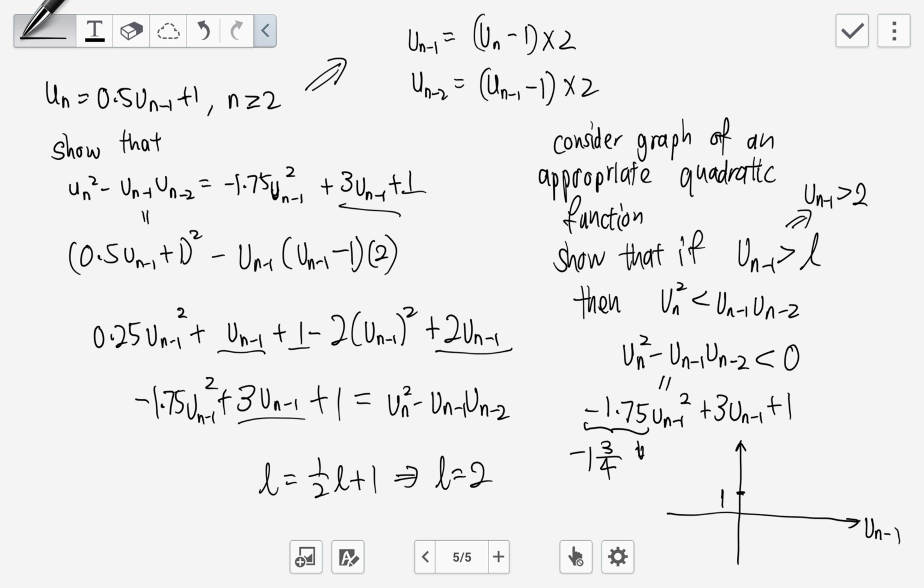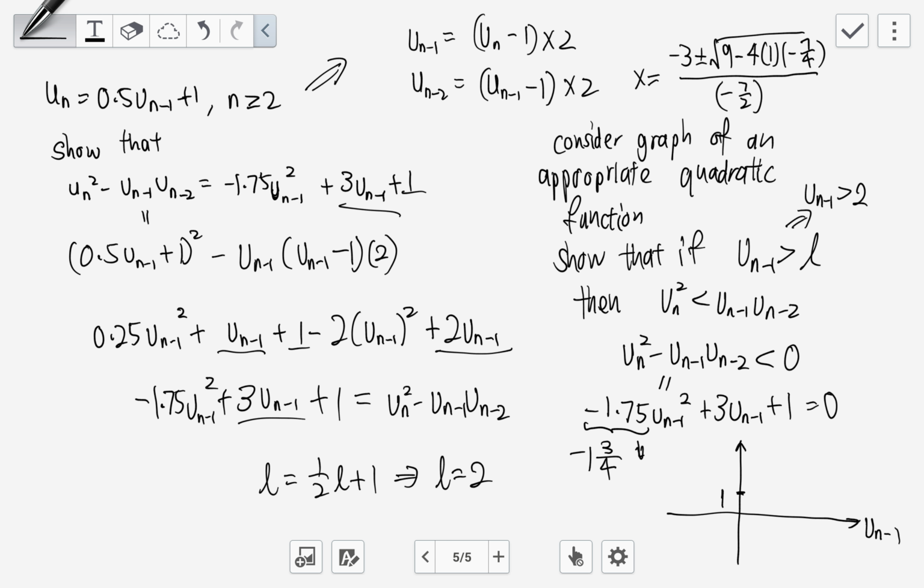So if I solve for this equation, to find the x-intercepts, they are minus b plus minus square root of b square, which is 3 square, minus 4 times 1 times minus 7 over 4, all over 2a. That means 2 times 1, which gives 2.